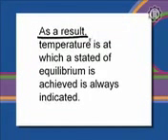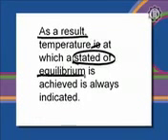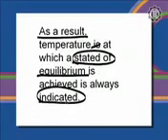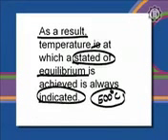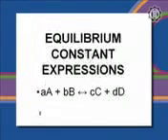For that reason, the temperature at which a state of equilibrium is reached is always indicated. You will see that they will say this equilibrium is reached perhaps at a temperature of 500 degrees Celsius. It is because they know that temperature is one factor that affects the Kc value.